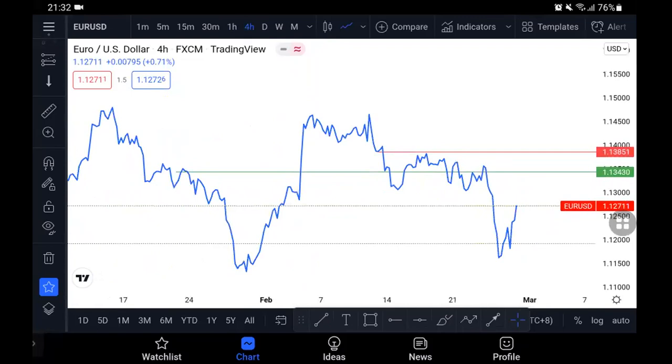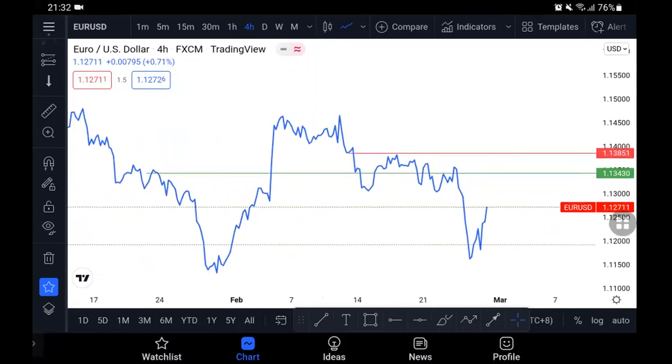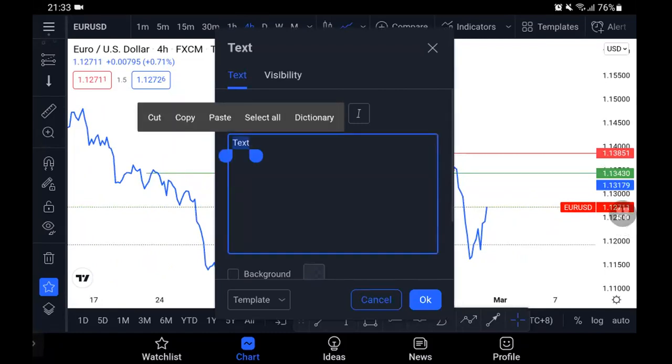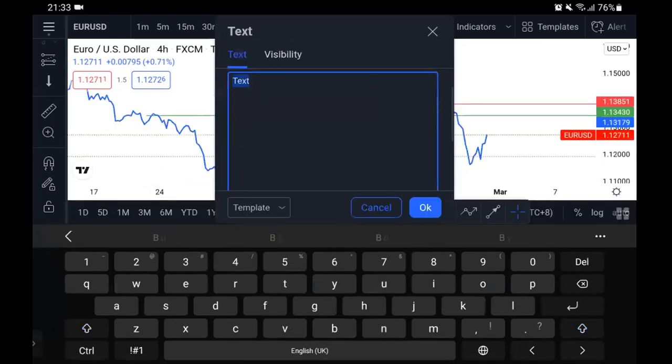So we have the daily as buy, right here. Buy, daily, this one.